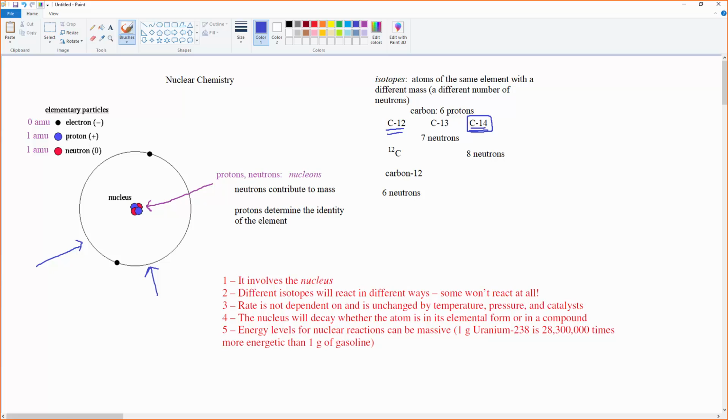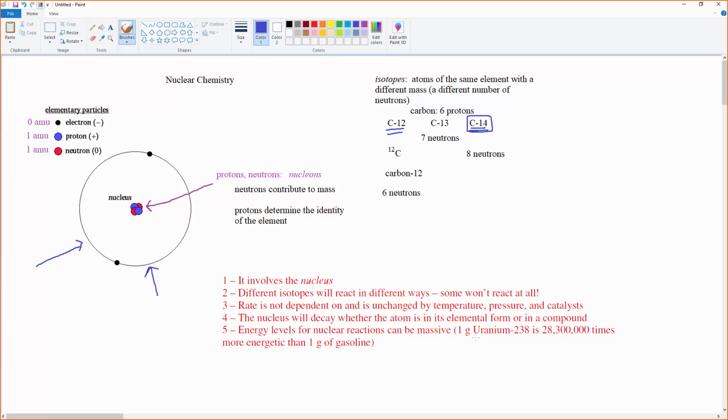And the last thing that's different about nuclear chemistry as opposed to traditional chemistry is that our energy levels for nuclear reactions are enormous. Okay, so here's my comparison, 1 gram of gasoline versus 1 gram of uranium-238. As a fuel, uranium-238 is 28.3 million times more energetic, gram for gram, right? So this is why nuclear energy is considered to be so much cleaner than other energy forms.